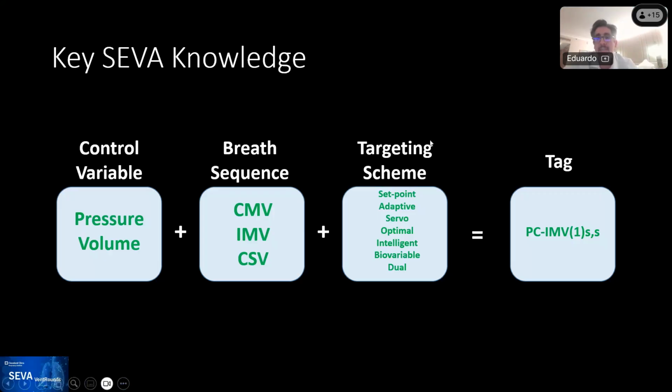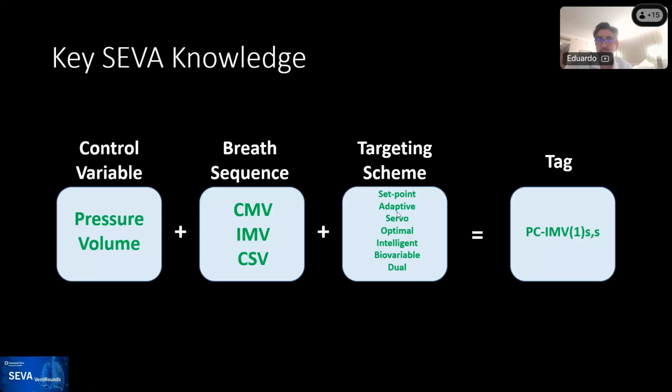And a key part, which now is essential, but back then when ventilators were made, there were no computers. It was all mechanical devices and electrical devices with very minimal programming on them. And as they have evolved, now they have computers in them. And the targeting scheme essentially talks about how we program and make the ventilator interact with the patient.